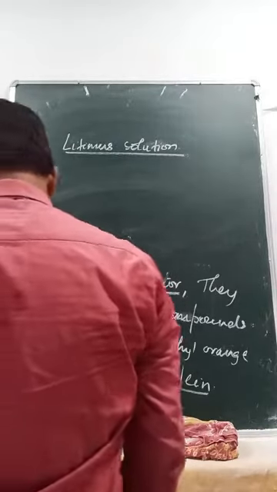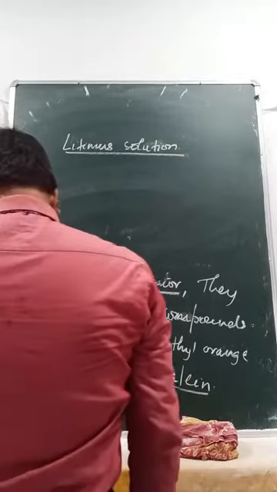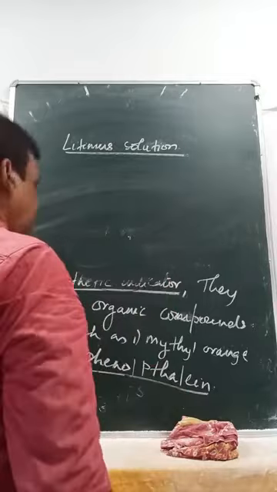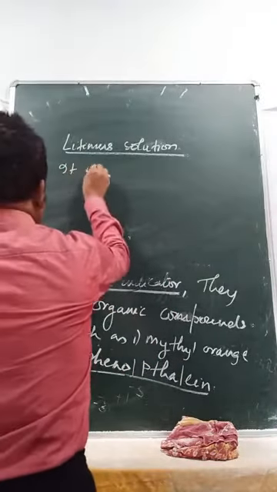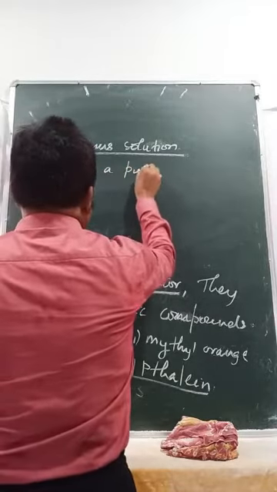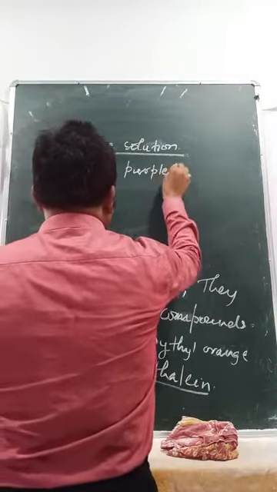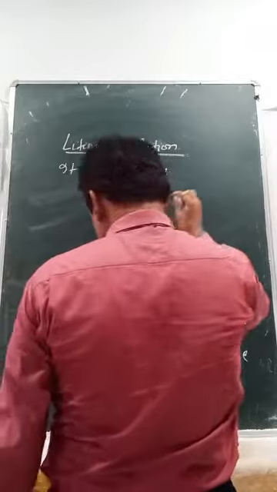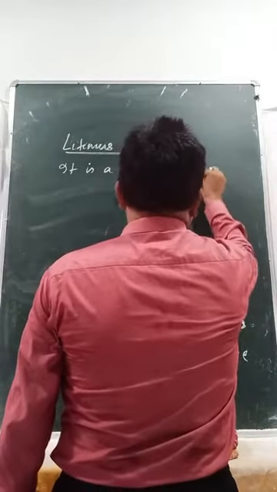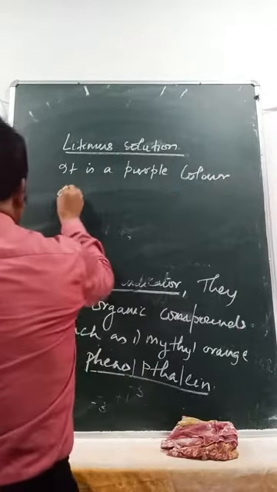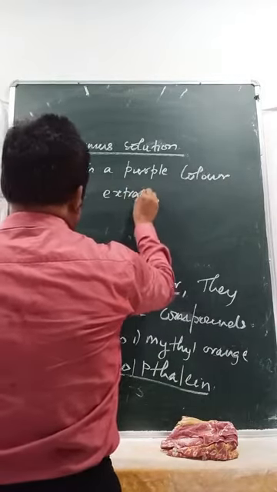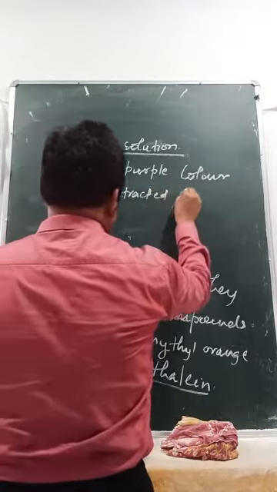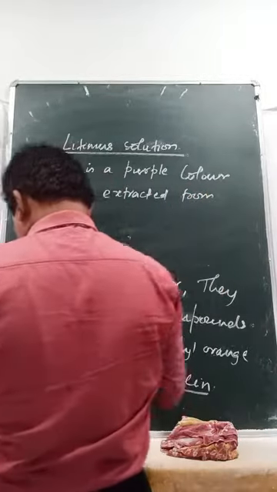Litmus solution is a purple color dye extracted from lichen.